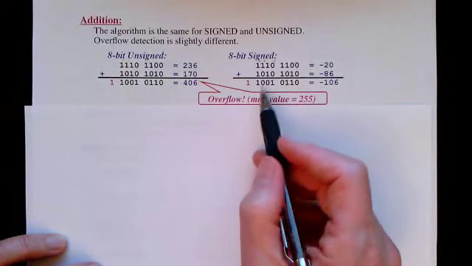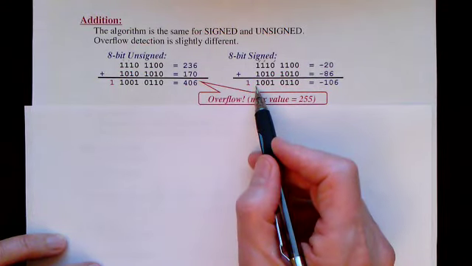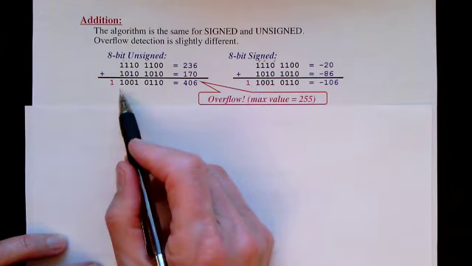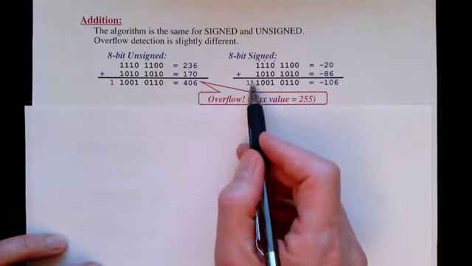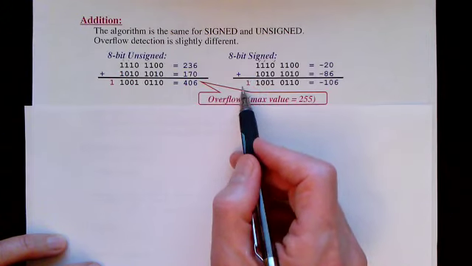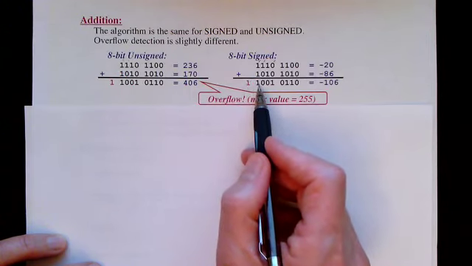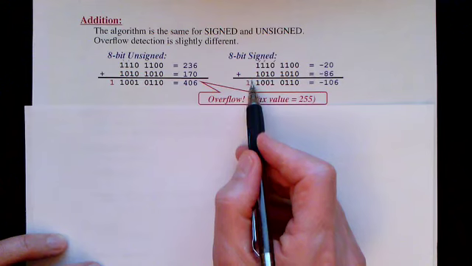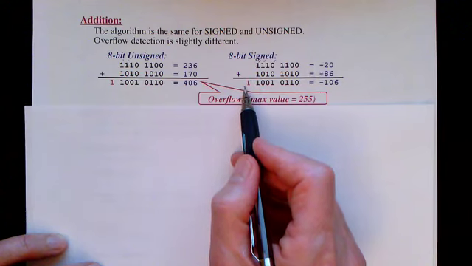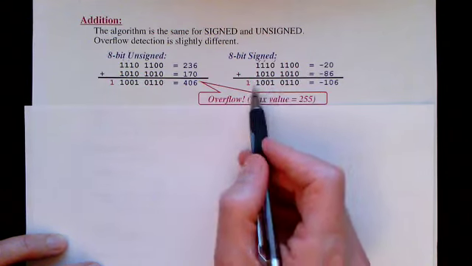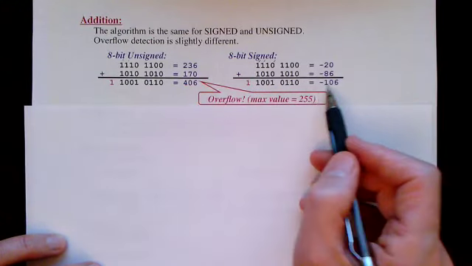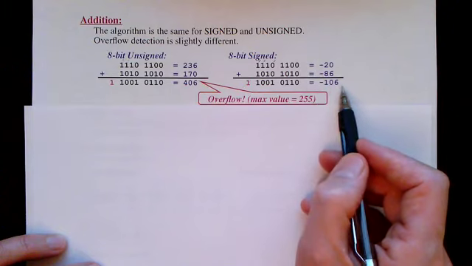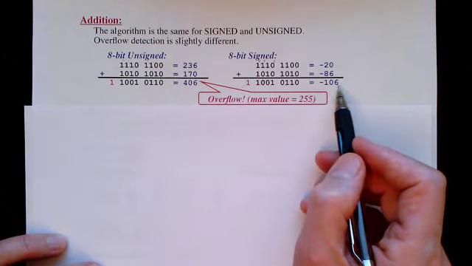Now, in this case, we get the same bit pattern as we got over here. If we have a leading 1, which we can ignore because it's the same as the sign bit, so it's not a significant bit. Okay, so if we just look at the 8 bits, we have the 2's complement representation for minus 106, which is exactly what we expect.